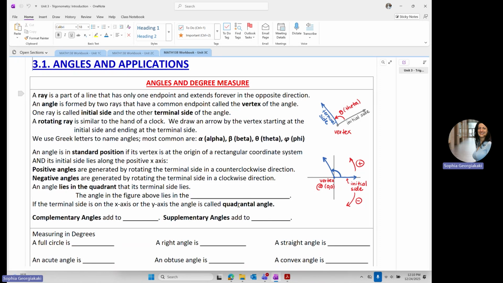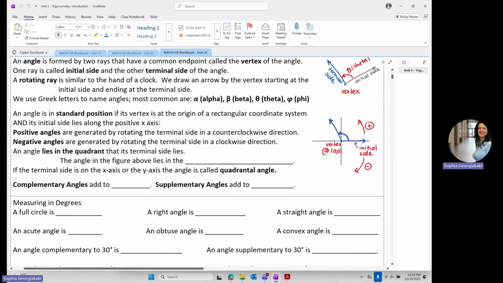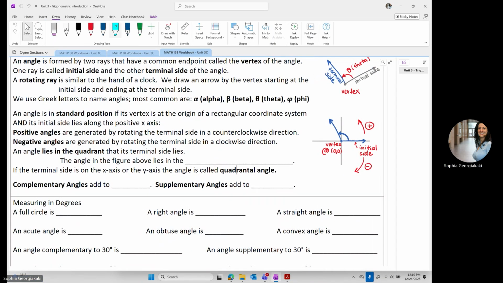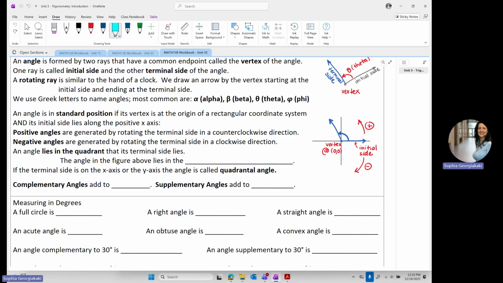An angle lies in the quadrant where its terminal side lies. For example, the angle that is shown on the figure on the right has its terminal side, which is this one, in quadrant 2. So this is quadrant 2.